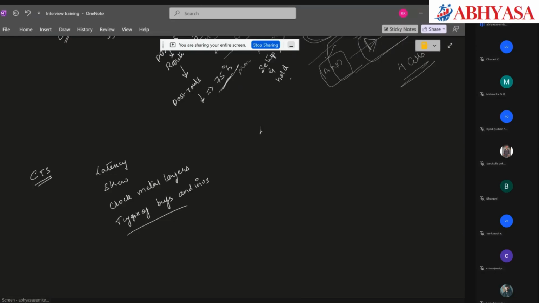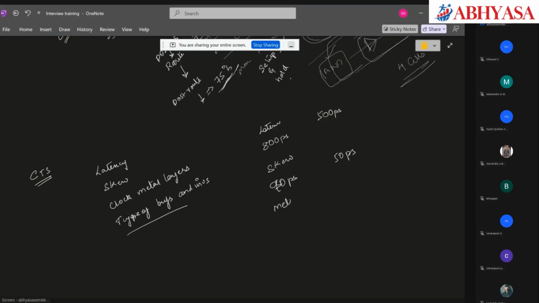Now let us say latency. I will take two scenarios, in one I have put a latency value of 800 PS, and in the other I will put a latency value of 500 PS, right? Skew value, in one I will put let us say 90 PS, in the other a value of 50 PS.